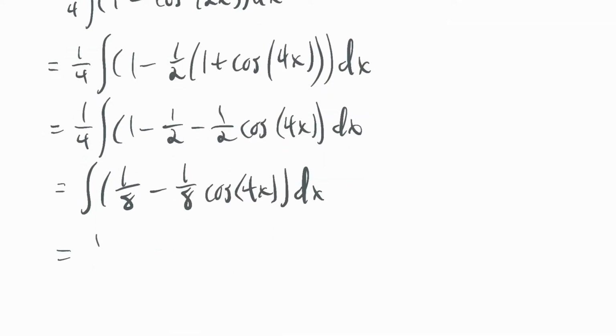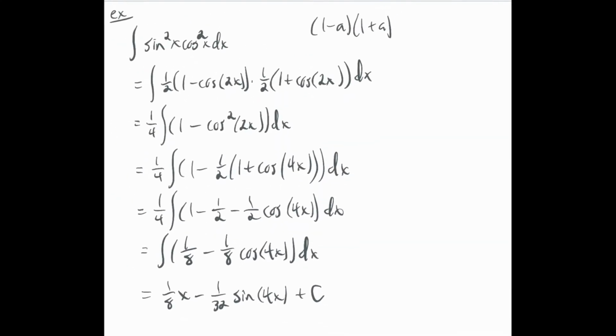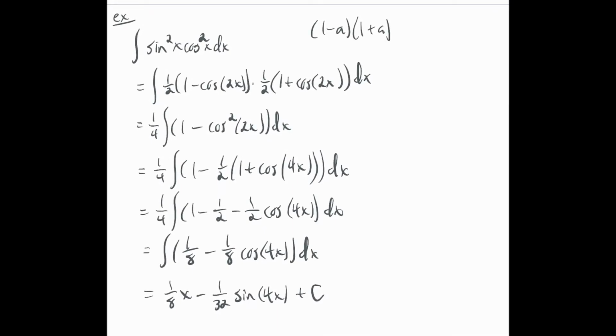So this equals 1/8 x minus 1/32 sine of 4x plus c. So in some ways that's easier, but so far we've been using a lot of trigonometric identities, and that's how most of these are going to go.